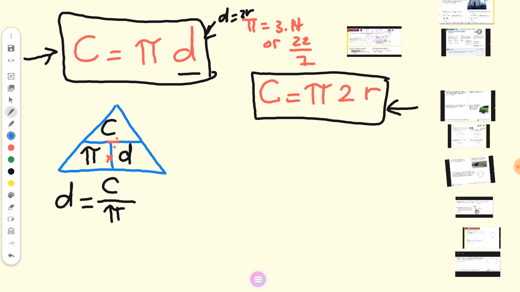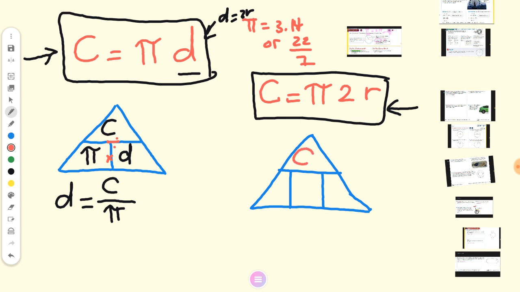Also, I can make the same magic triangle for the other rule, which uses the radius. It consists of three parts. First, up C, down pi by 2R. What is down is multiplied and up we divide.